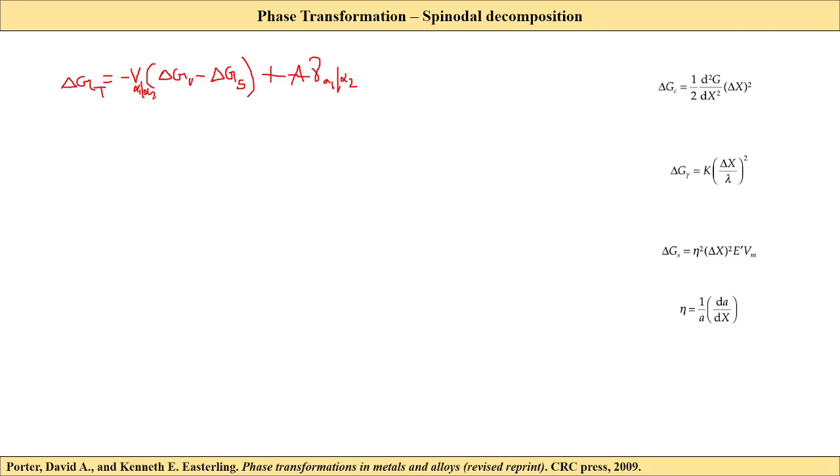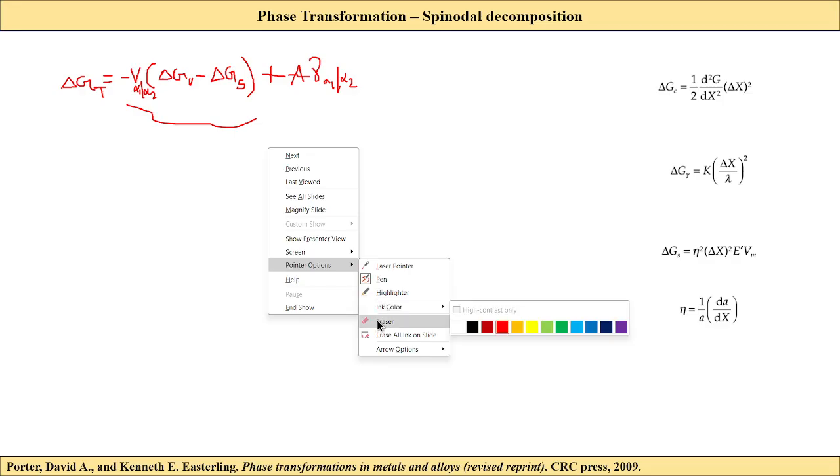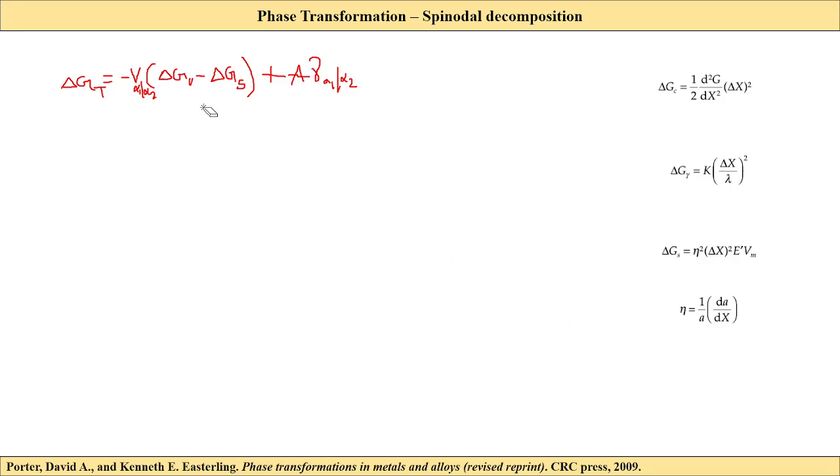Right now, my total free energy is equal to the volumetric free energy, which is a negative term, and a positive term, plus the area times the surface energy. So that's all.